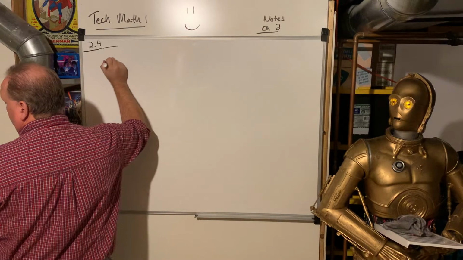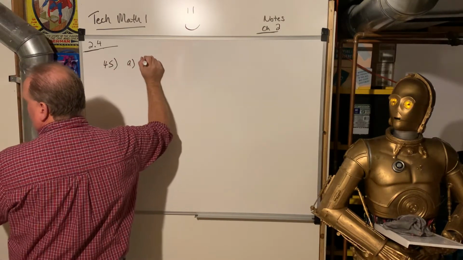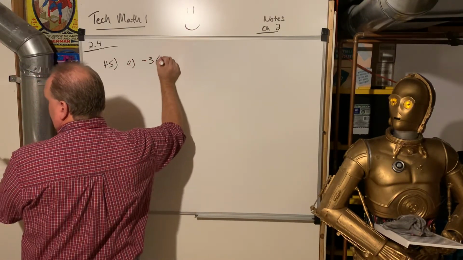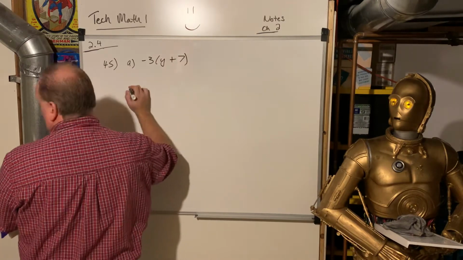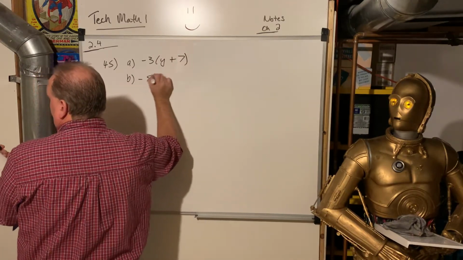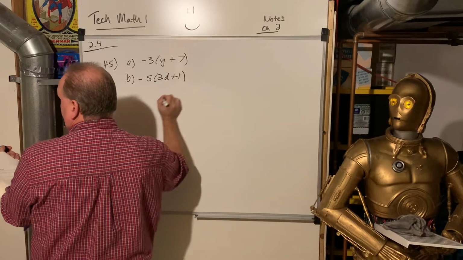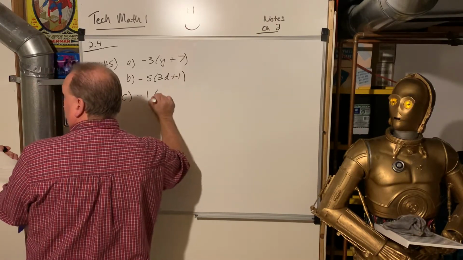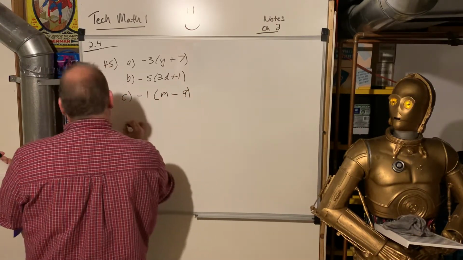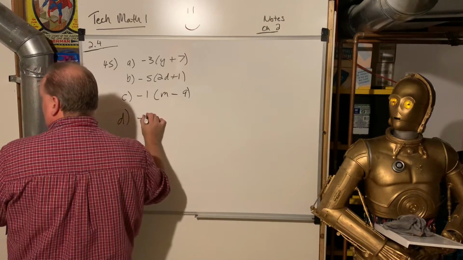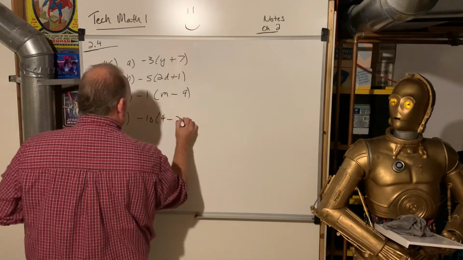All right, so a is negative 3 times y plus 7. And b is negative 5 times 2d plus 1. And c is negative 1 times m minus 9. And d is negative 10 times 4 minus 2d.